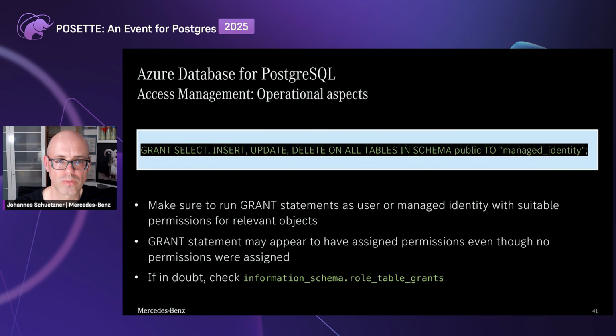Then it should work. And then maybe just a minor thing, but it can be confusing if you execute a grant statement that grants permissions to a certain user. This typically always succeeds, so no error, even though, for example, if you try to grant a permission that you don't actually have, then you're not able to grant this permission to another user or to a managed identity, but still the grant statement will succeed and looks like everything is fine.